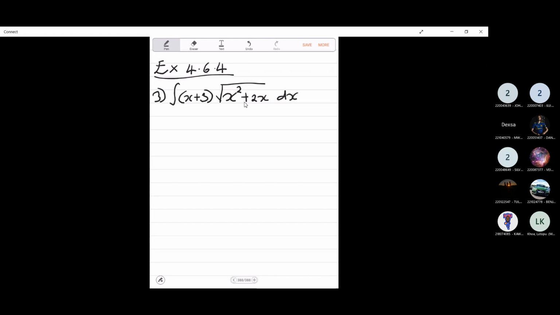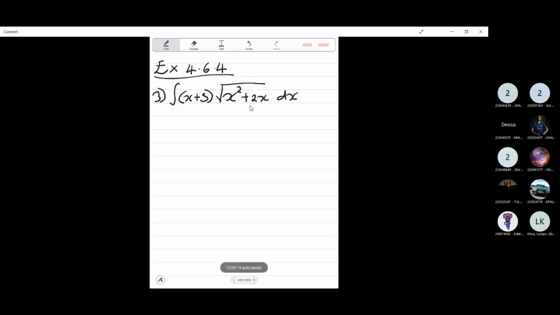Okay, so here again, remember we must first split this up into 2 integrals. The first part you must rewrite so that it's the derivative of what you have here. So I need 2x plus 2, because that's the derivative of this one. And then for the second part we will use our substitution.